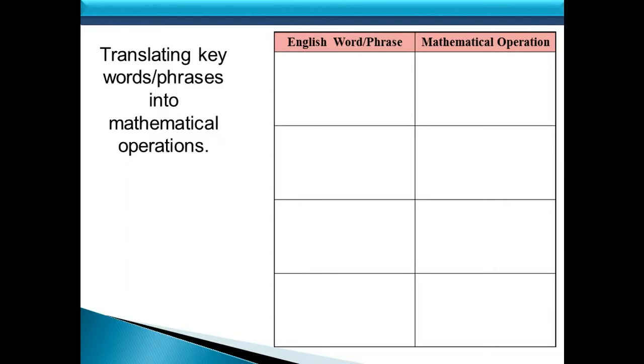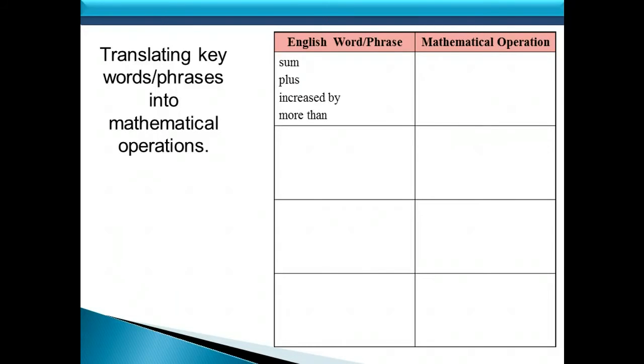So we're going to want to be able to write algebraic expressions for an English word or phrase. In order to do that, we need to take a look at the common words or phrases that we use in English that represent mathematical operations.